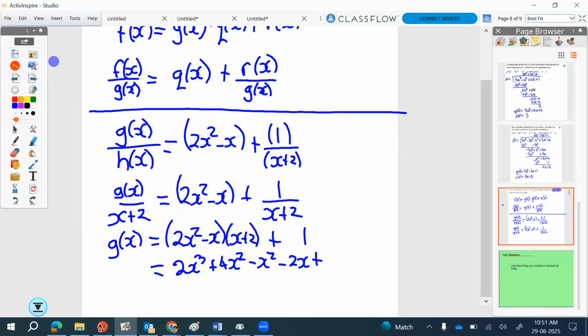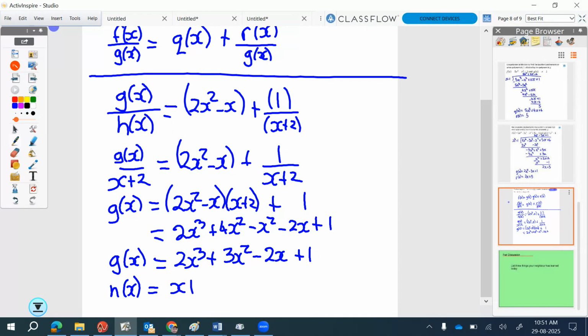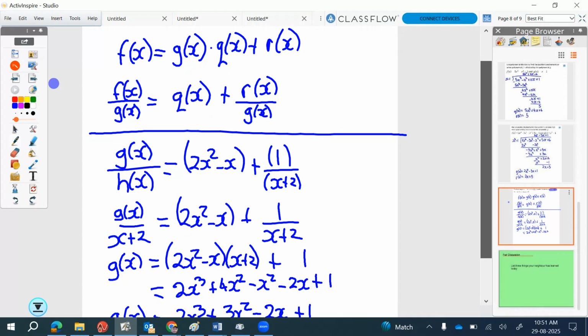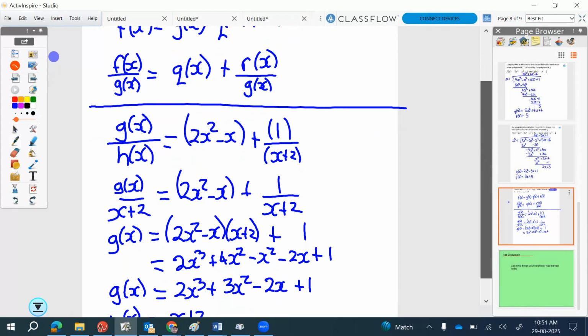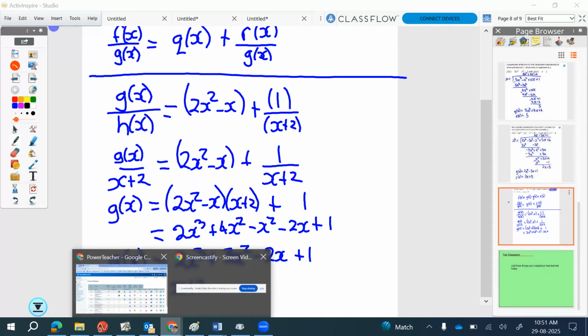Collect together the like terms and we've got 2x cubed plus 3x squared minus 2x plus 1. So g of x is this, h of x is x plus 2. We have solved the problem. Okay, should we just pause this and finish that?